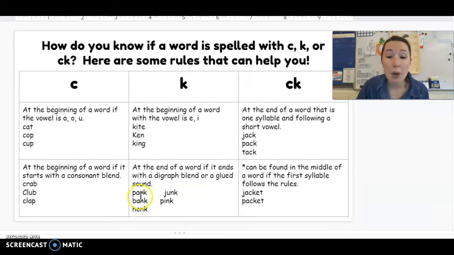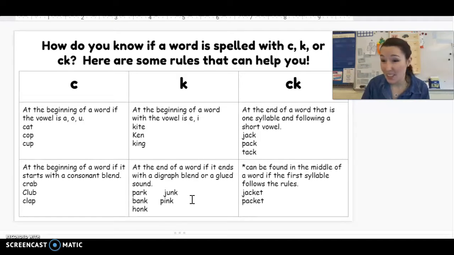So like in the word park, you can see that blend RK, bank, honk, junk, pink, those ones all have our NK glued sounds in them. But also if there's a blend at the end, like in the word mask, that sk tells us it's going to be just a K.